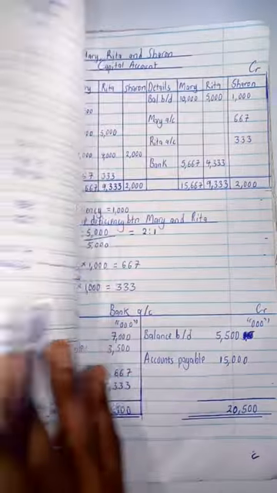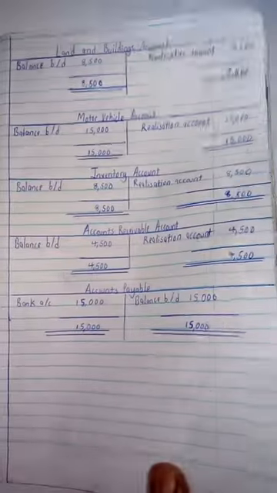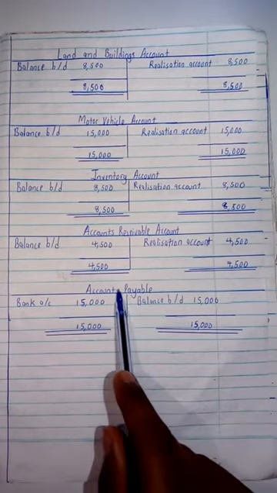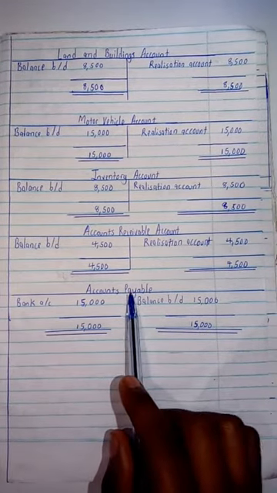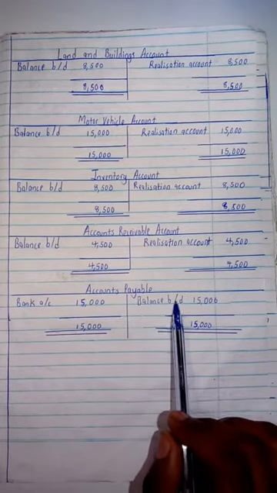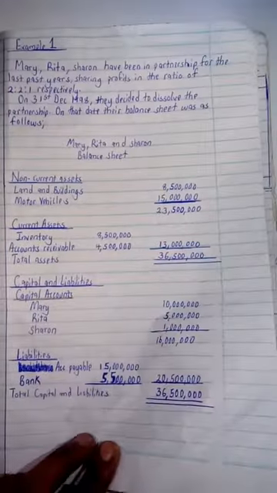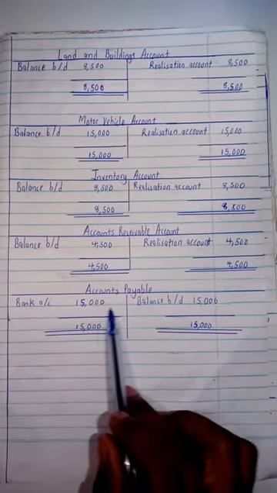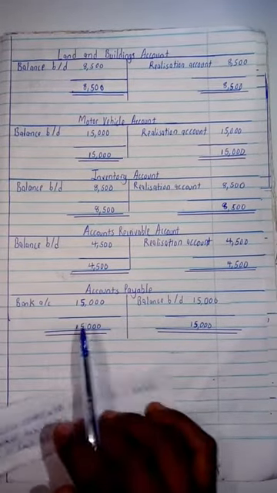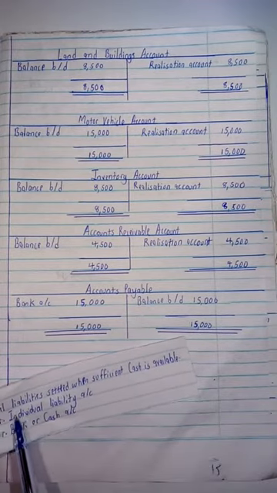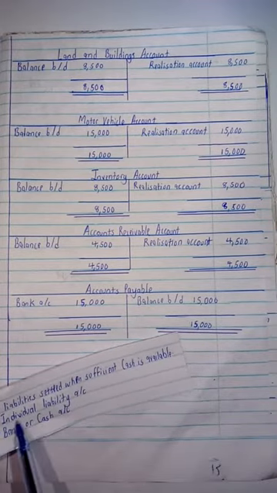So I'm going to open up the individual liability account, which is accounts payable. And with liabilities, they have a normal credit balance brought down. So balance brought down of 15M from the question. And then they're saying the accounts payable should be debited with the individual liability account.